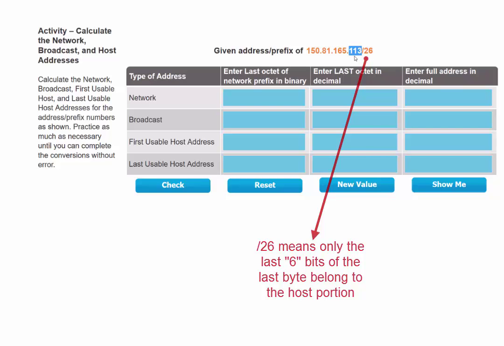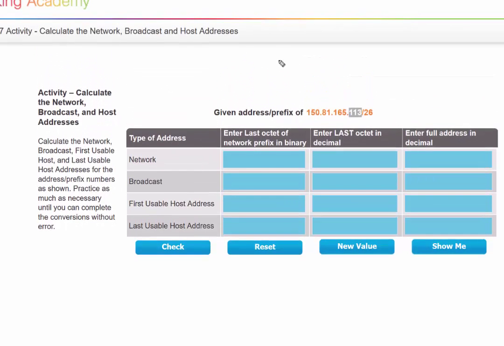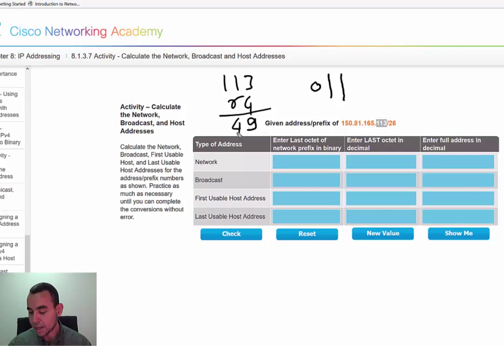So we can convert 113. 113 is not greater than 128, so that's 0. It's greater than 64, so that's 1. If we subtract 64 from 113, that's 49. 49 is greater than 32, so we put 1 here, and then we subtract 32 from 49, that's 17.